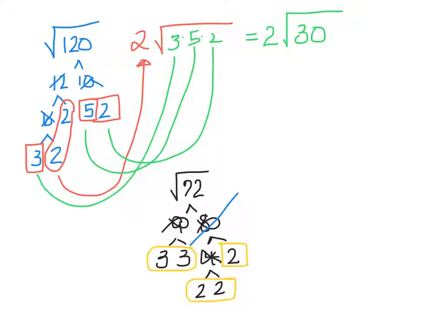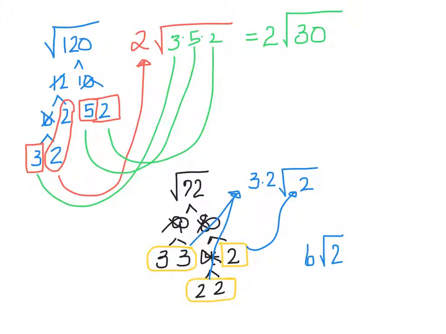So the 3 and the 2 are both going to go outside the square root, 3 times 2. And the extra radical is going to stay inside. So my final answer is 6 square roots of 2. I hope you are having a pretty good understanding of this so far.